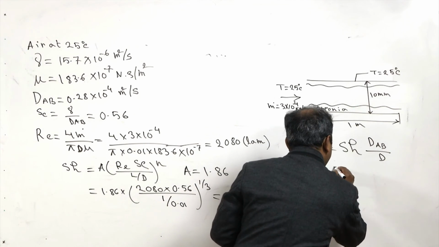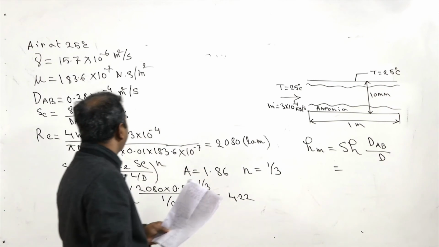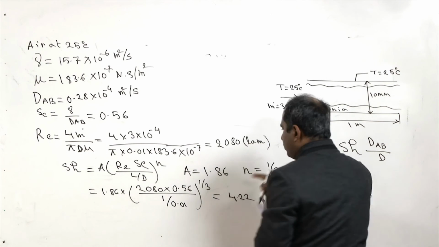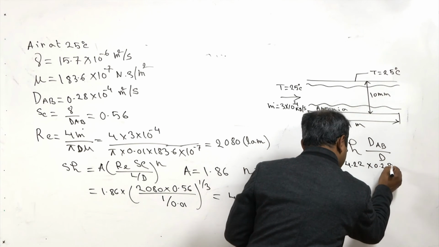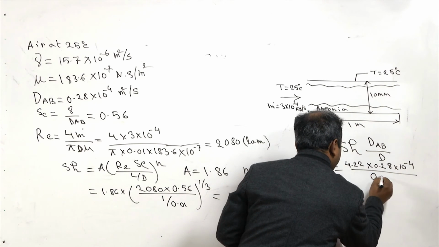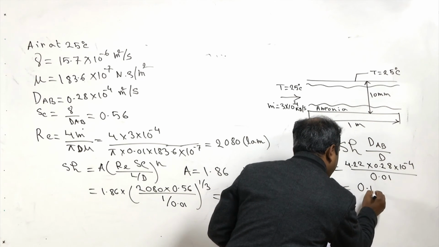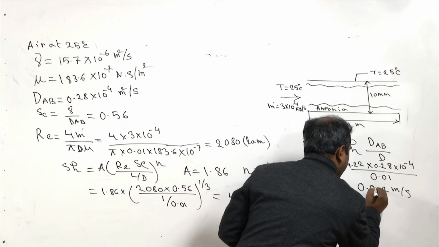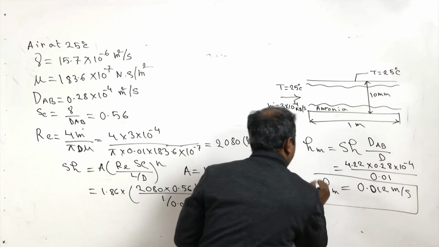With DAB from the property table as 0.28 into 10 to the power minus 4, we get 4.22 into 0.28 into 10 to the power minus 4 divided by the tube diameter 0.01. My mass transfer coefficient comes out to be 0.012 meter per second. This is the final answer for this problem.